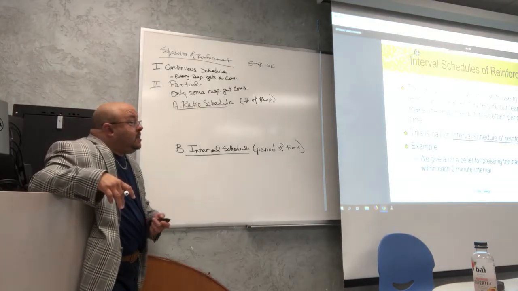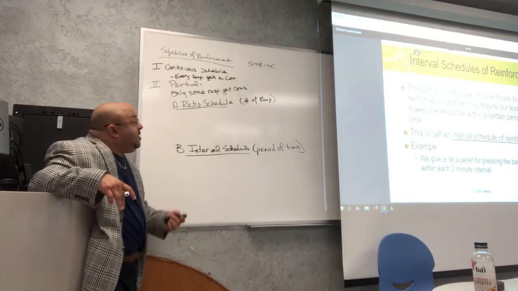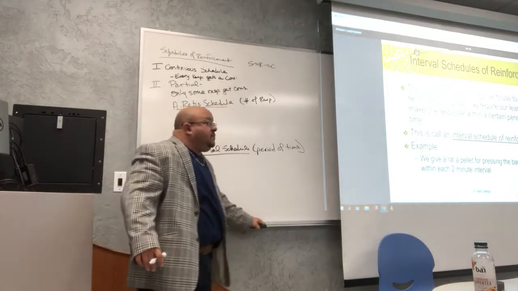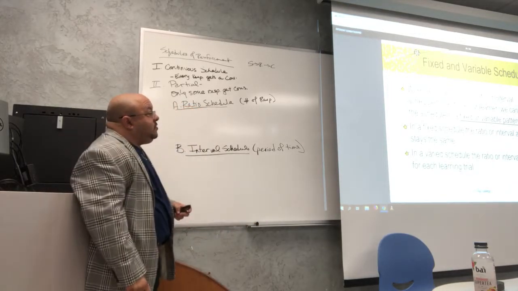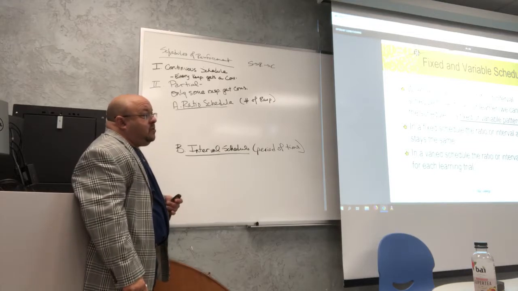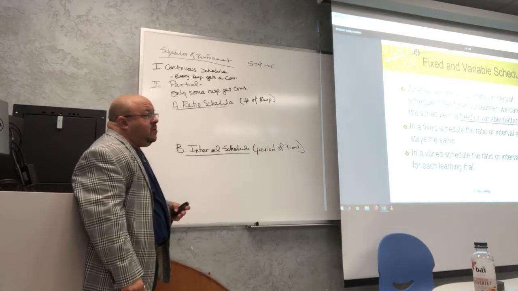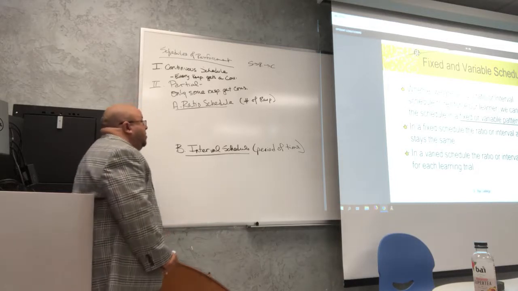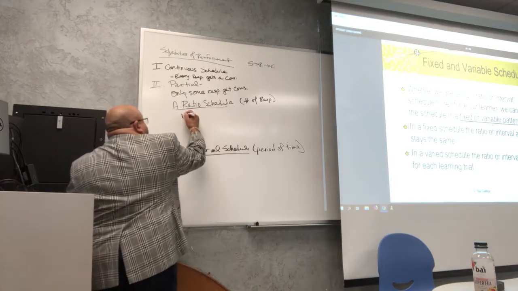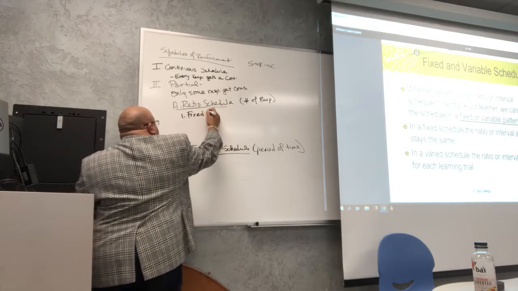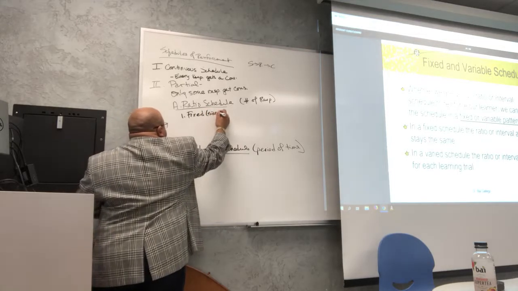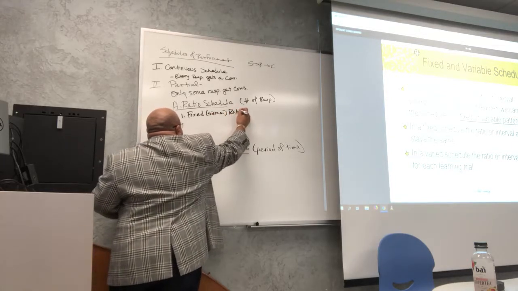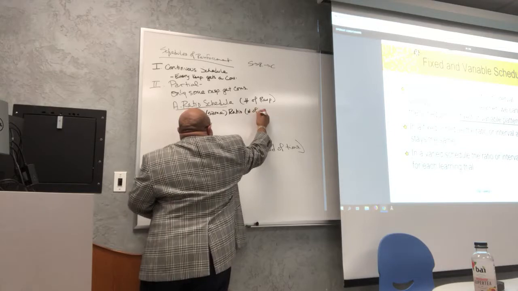Okay? So that's not too hard to understand, but it gets a little bit more complicated because within ratio and within interval, we can either choose to use a fixed ratio or a variable ratio, or a fixed interval, or a variable interval, okay? So a fixed schedule, a fixed ratio. Now fixed means it always stays the same, okay? The same. And if it's a ratio, it means the number of responses.